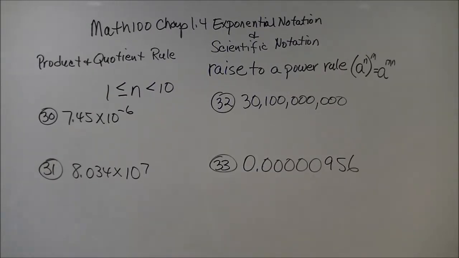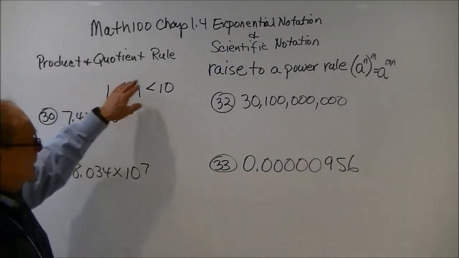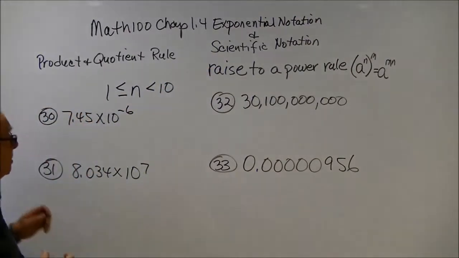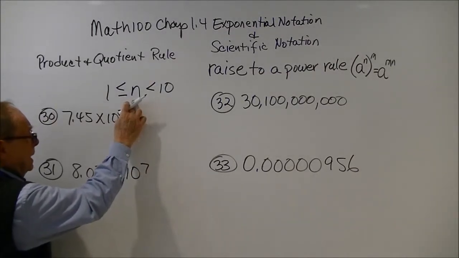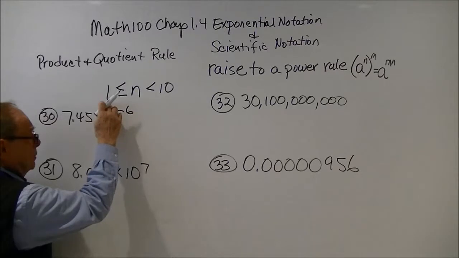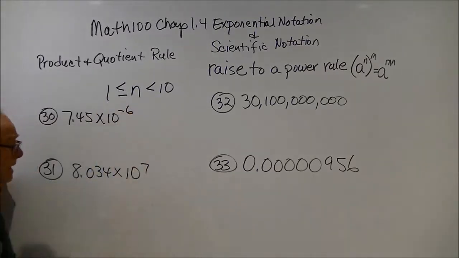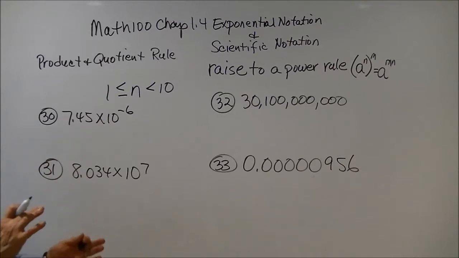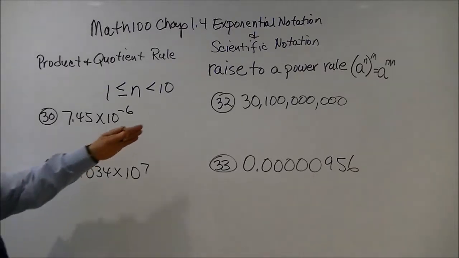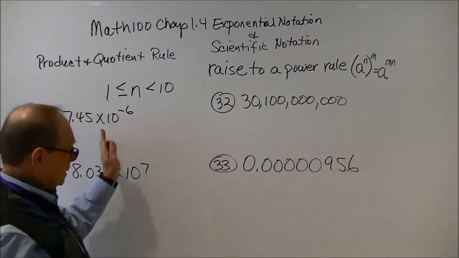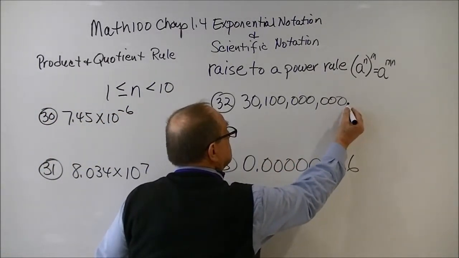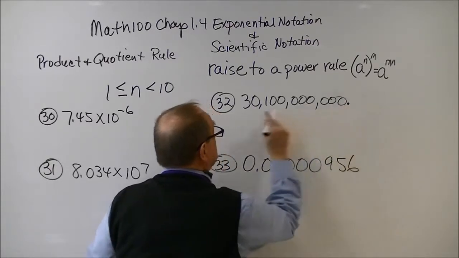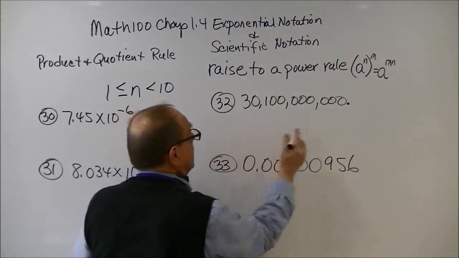Okay, as you see here, we're going to scientific notation. And by definition, scientific notation is a number that's greater than or equal to 1, but less than 10. So we have to put a number between 1 and 10. And then when we convert it, well, in fact, let's do these first. Then we'll get to those. So our decimal point is here, and we count the number of places to put this number between 1 and 10.